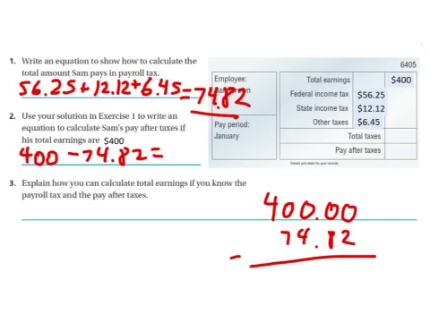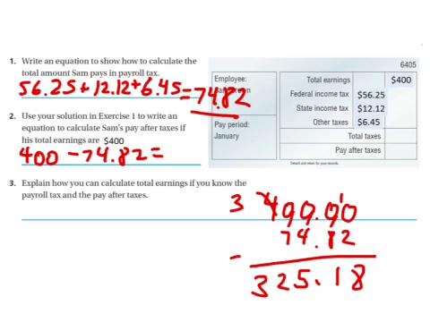So I can't take 2 from 0, so I go all the way over here, and I borrow from the 4, and all the zeros on the way back become 9s, and this becomes a 10. So now I have 10 minus 2 is 8, 9 minus 8 is 1, and then I copy my decimal point from my problem. 9 minus 4 is 5, 9 minus 7 is 2, 3 minus nothing is 3.